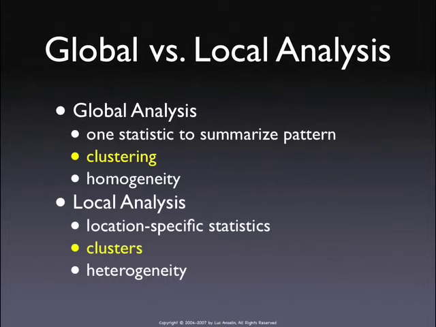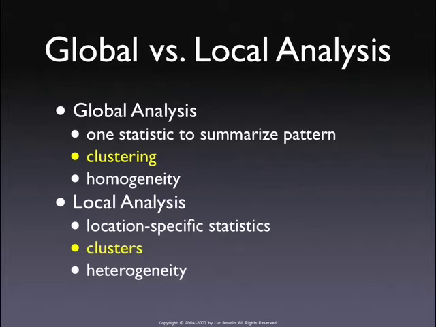Major difference between global analysis, which is concerned with the overall pattern, with clustering, as we've said, which uses one statistic, one number to summarize the whole pattern, such as, for example, a Moran's I statistic. It's one number, and it tells you whether or not the pattern is more systematic spatially than it would be, say, under spatial randomness.